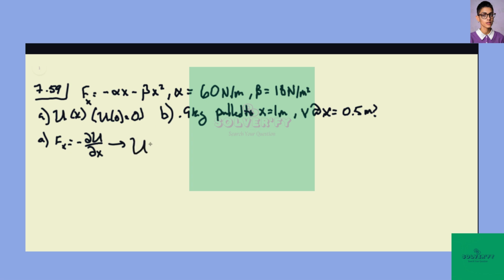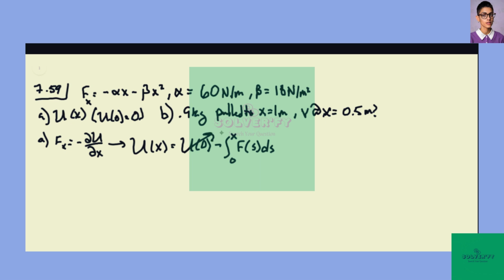And through the fundamental theorem of calculus, basically, this means that we can write the potential as its value at 0, minus the integral from 0 to x of F(s) ds, where s is our variable of integration.